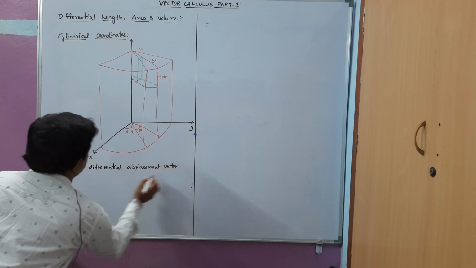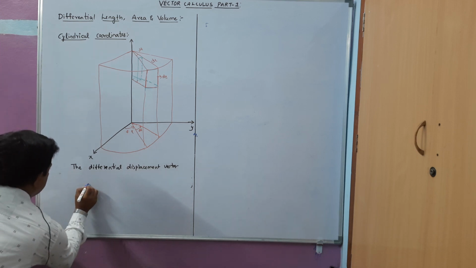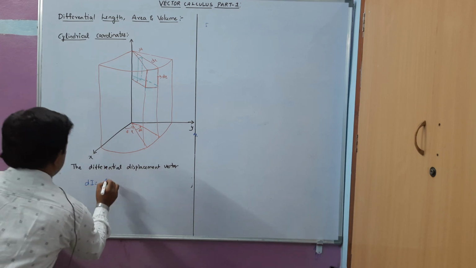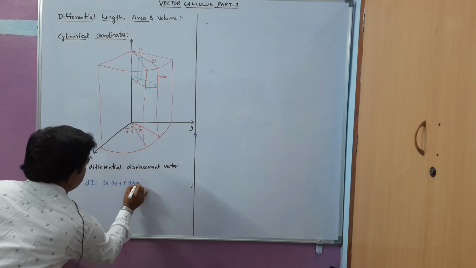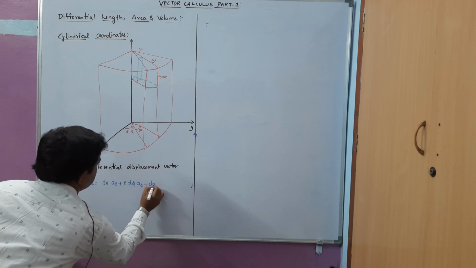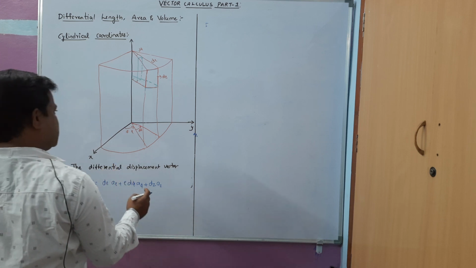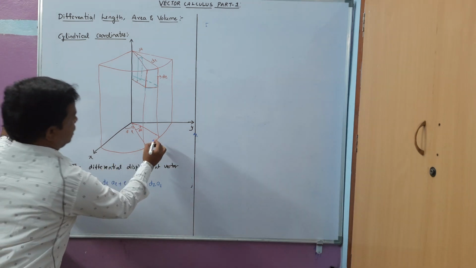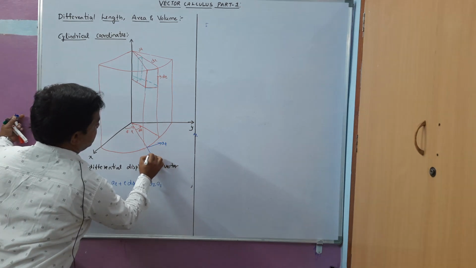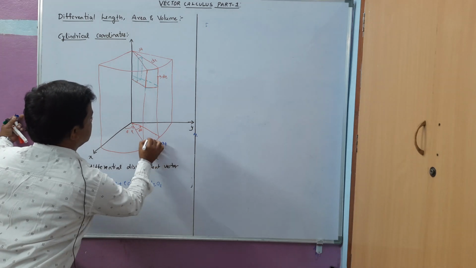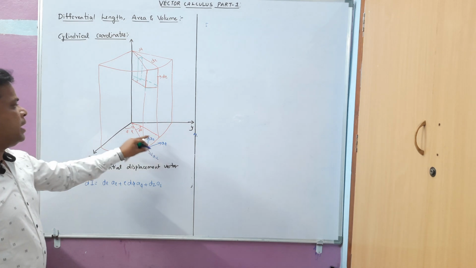The dl will be our differential length, that is dl will be d rho a rho plus rho d phi a phi plus dz az. Now we know that we have three axes here: along this direction we have a phi, along this direction we have a rho, and along this direction we have az. So these are the unit vectors a rho, a phi and az.